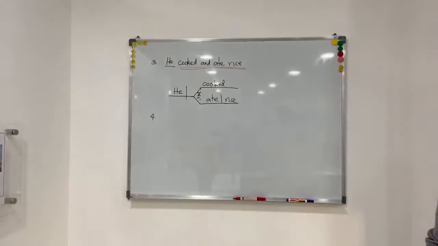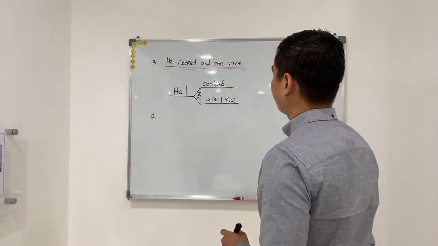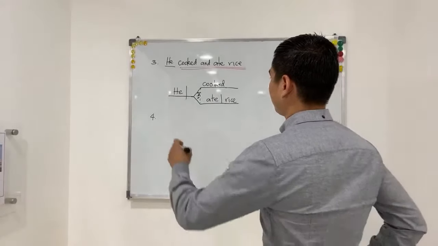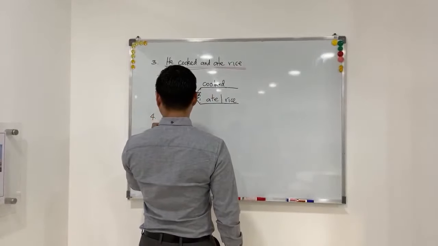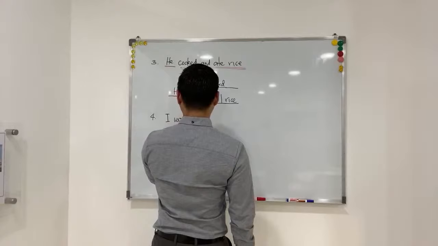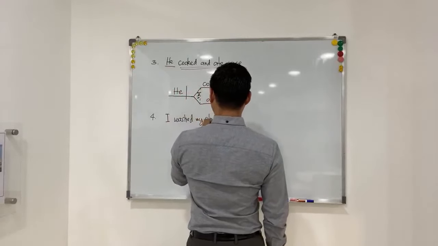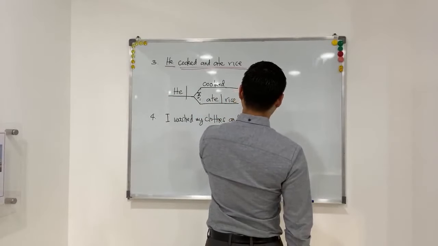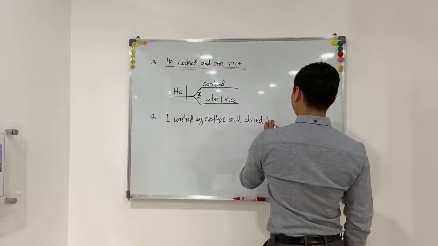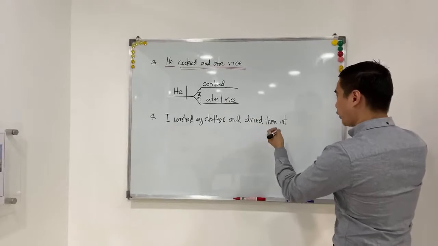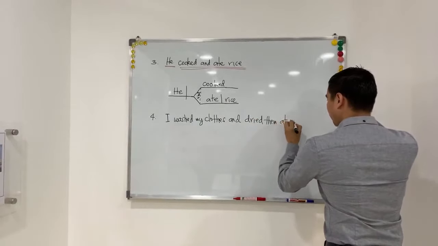We don't have one here, so I washed my clothes and dried them at, wow, it's a long sentence. I washed my clothes and dried them at the rooftop.